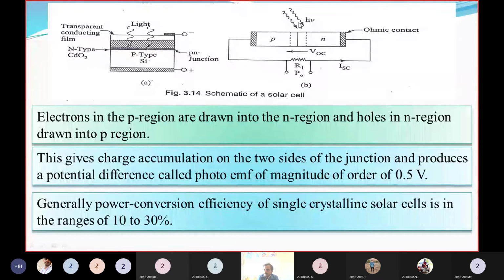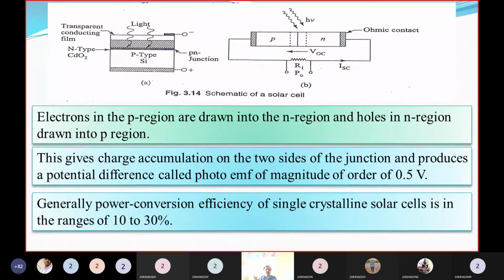So from each PN diode, 0.5 volts will be generated. We will get that voltage by using the load resistance, so whatever potential difference there is, we can get the output here. Similarly, in a solar cell, we can use an array of many PN junction diodes.